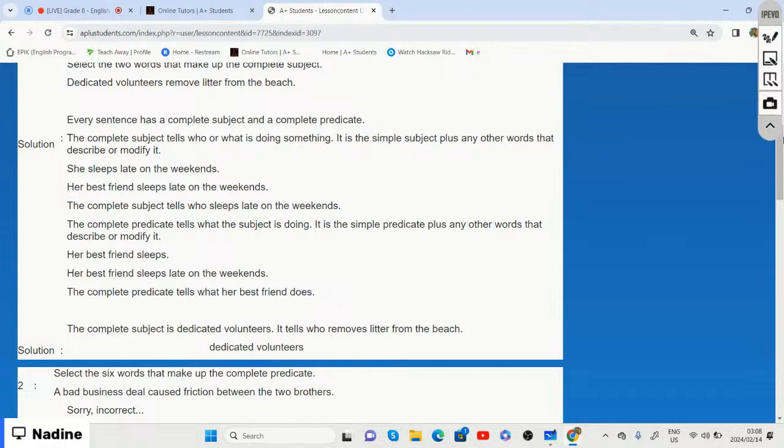So we said that every sentence has a complete subject and every sentence has a complete predicate. And a complete subject tells us who or what is doing something.